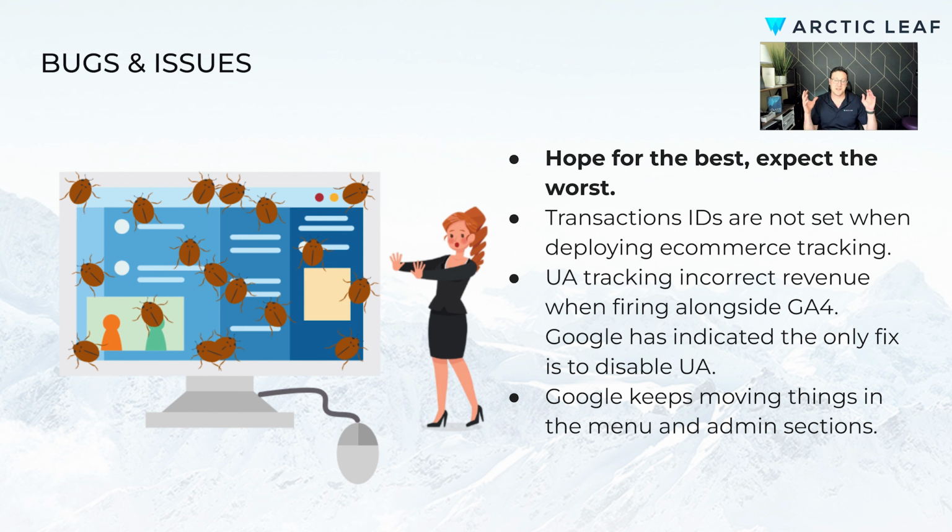So just as someone who is not super patient, try to be patient and recognize that this is a pretty significant change to how Google is doing analytics, and the largest one they've done in, I think, about 20 years. So expect bugs, expect there to be issues.